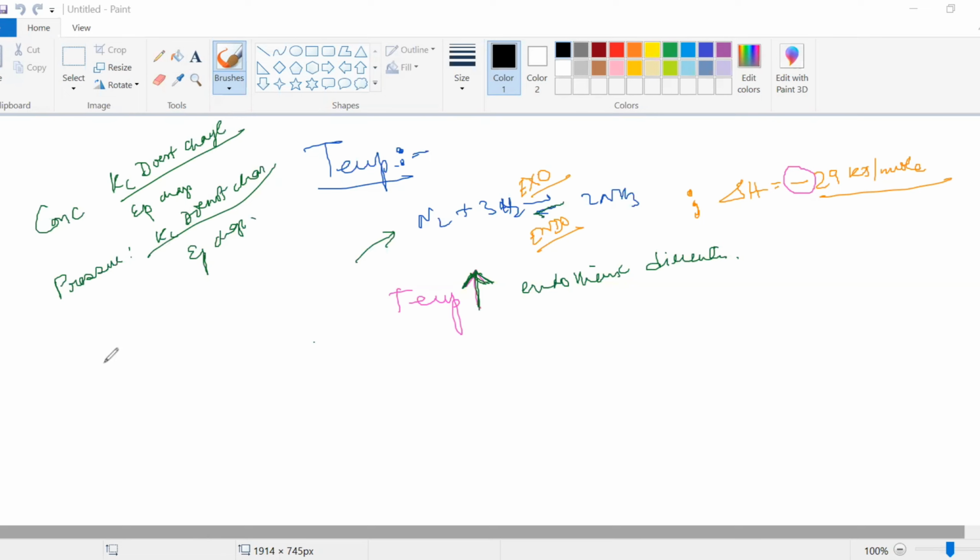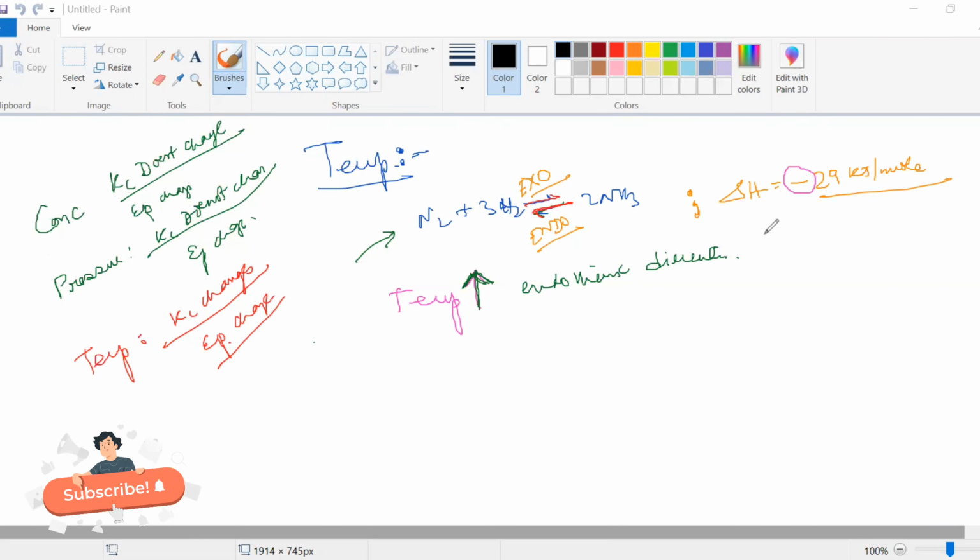Now remember this. When you increase the temperature, the Kc changes. This is the thing you have to understand. And the equilibrium position changes. So if you increase the temperature, the reaction moves to the left. How does it move to the left? Because the rate of the backward direction increases more quickly than that of the forward direction.